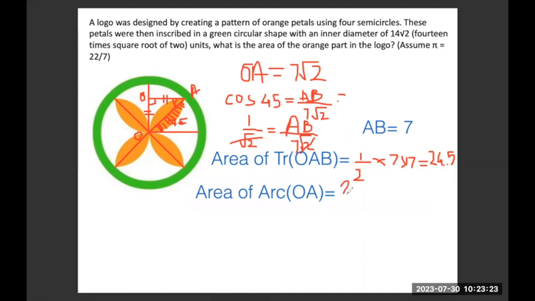Pi is 22 by 7. R square is 7 square multiplied by 7 square. This 7 will cancel. Multiply by theta, 45 degree, 45 upon.